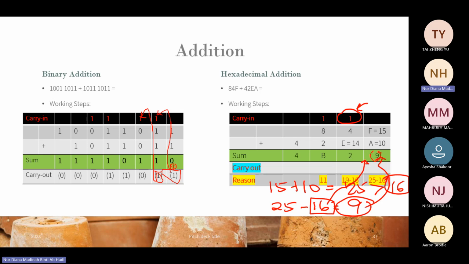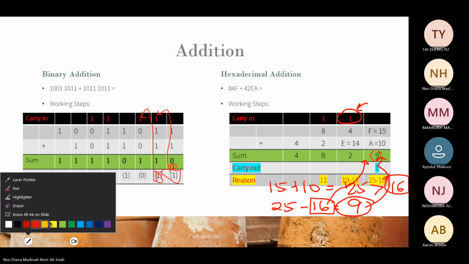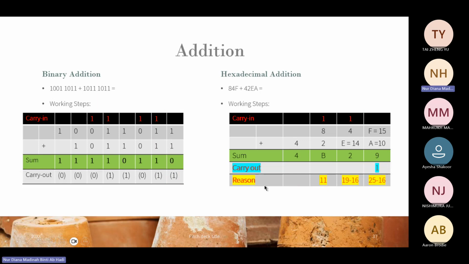When you're going to have your carry out here, like 1, this carry out will bring to the next line. Can you see this? Line 2, 14 plus 4, you're going to get 18, okay?